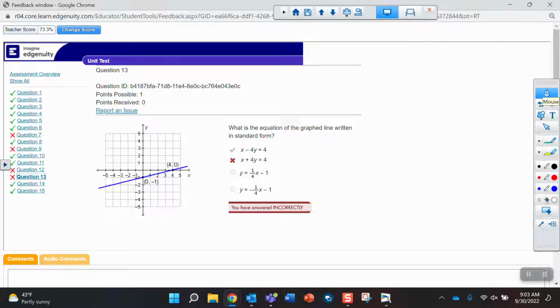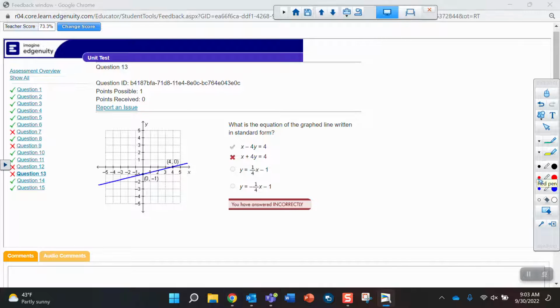Then the last one that you missed: what is the equation of the graphed line written in standard form? Again, I always start with either point slope or slope intercept. In this case, slope intercept is going to get you there faster, because if you start in point slope, then you have to go to slope intercept, and then you have to go to standard form. So here we're going to start with slope intercept because I know exactly what the y-intercept is.